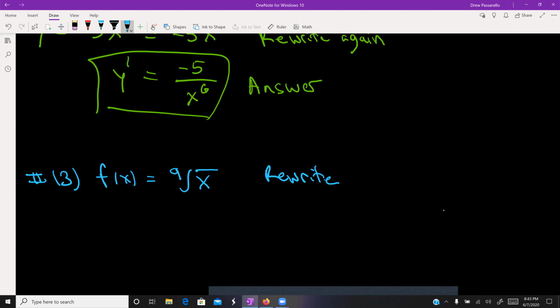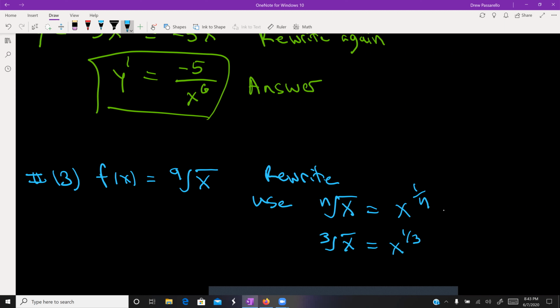I'll use the relationship that the nth root of x is equal to x to the 1 over n. Like the cube root of x is equal to x to the 1/3.